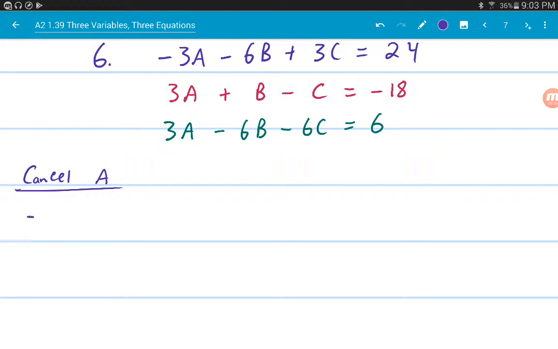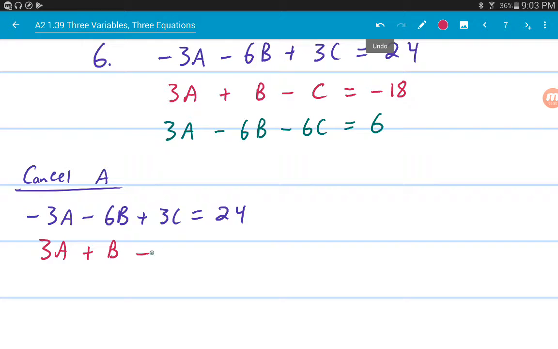So that means I'm going to take negative 3a minus 6b plus 3c equals 24, the first equation, and 3a plus b minus c equals negative 18.